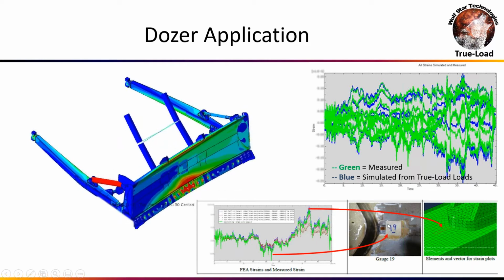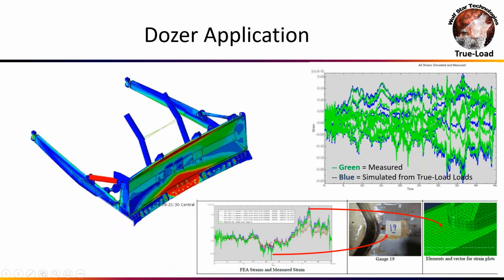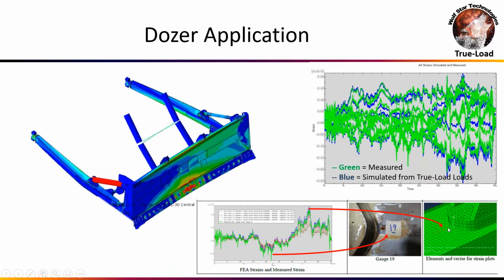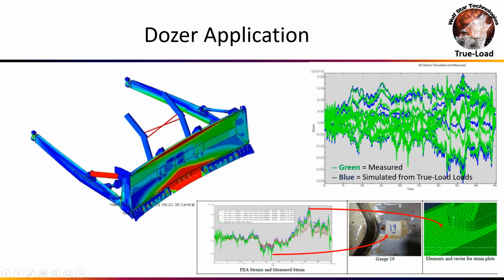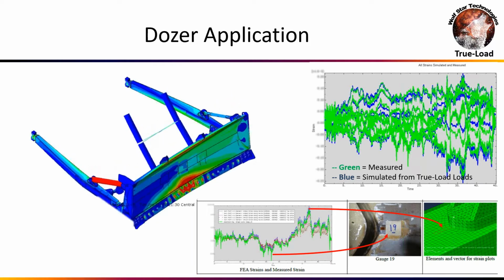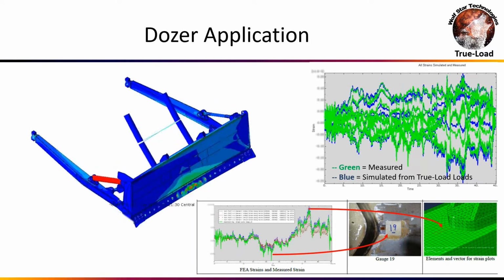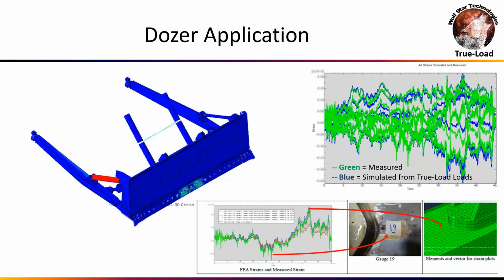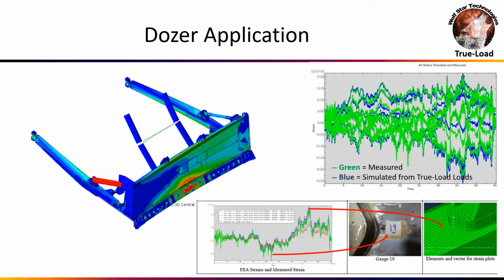I've got gauge number 19 plotted in green here, and then we go into true QSE and pull out the simulated strains coming from the FEA model in that regime. You can see how well we're correlating. This goes to show you that if you get the overall flexibility of the structure right and the loading on the overall structure right, the hot spots come along for the ride.